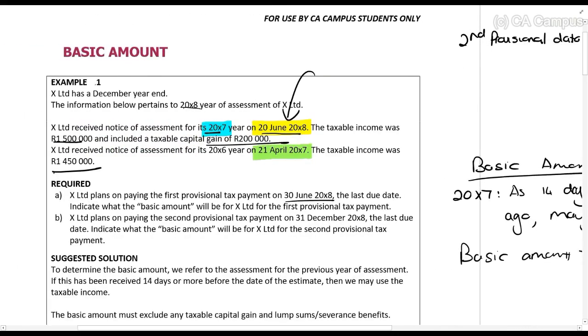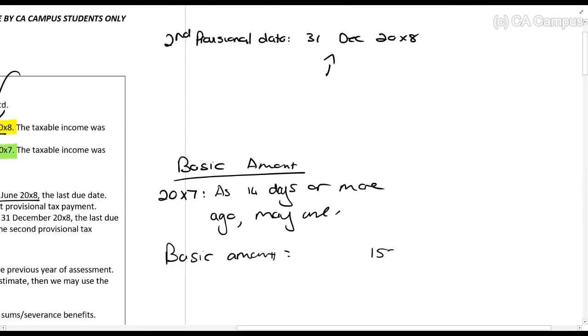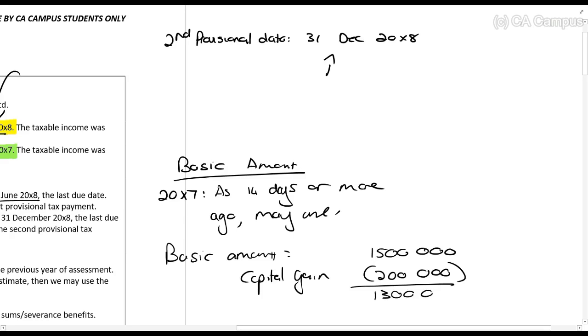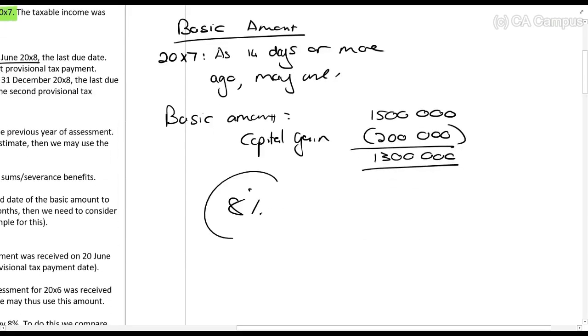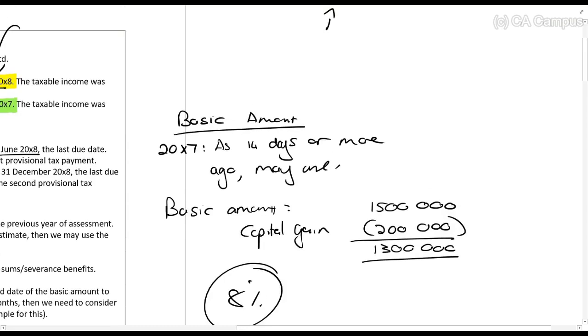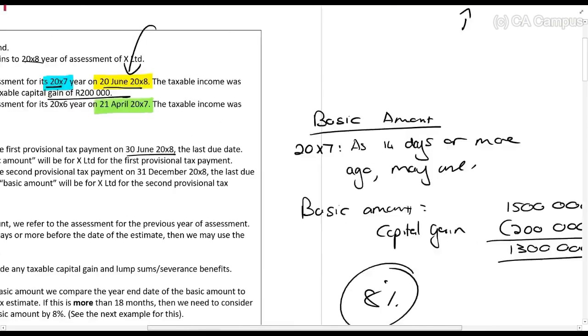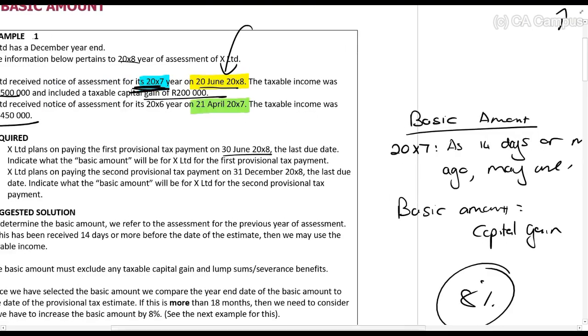They say it's a capital gain of 200,000 in there. Now you need to remember that any capital gain or lump sums from funds needs to be removed. So you're left with 1.3 million. Okay. Now you need to decide if you have to increase that by the 8%. So what do you do? You compare the year-end date that you are using, 20X7 year.